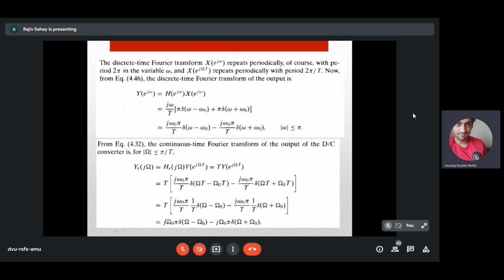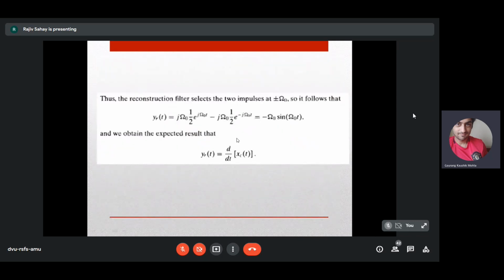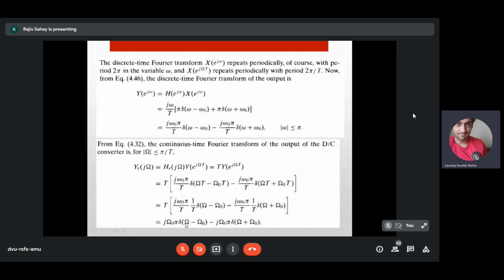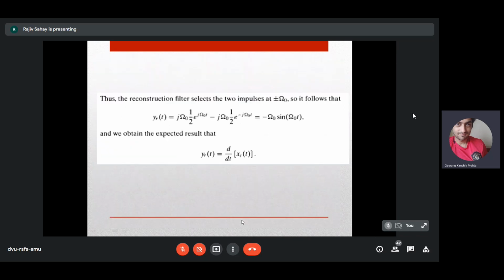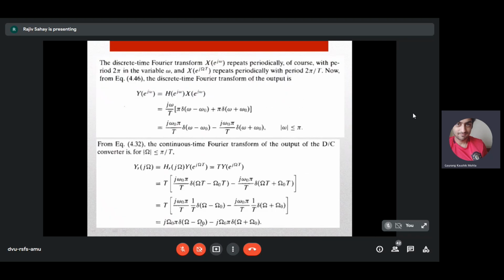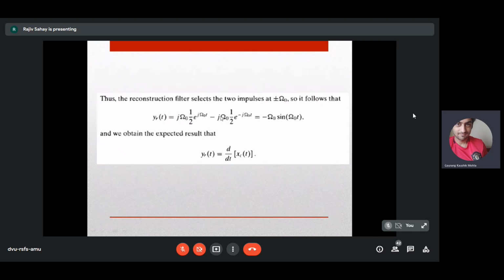So let us see what Y_r(jΩ) comes to be. If you take the inverse transform of this, then by using the frequency shifting property, you can write this expression: jΩ₀ into half e^{jΩ₀t}, minus jΩ₀ into half e^{-jΩ₀t}.